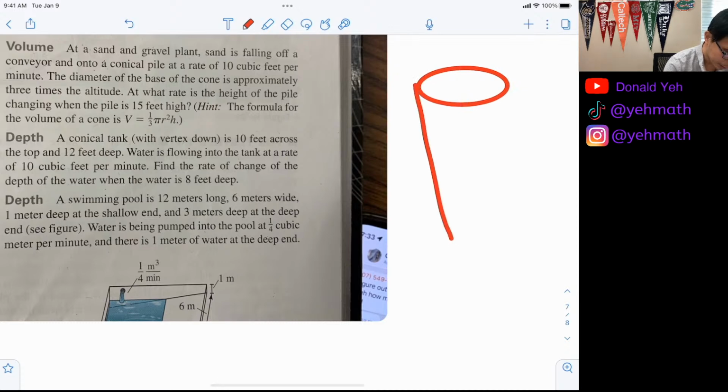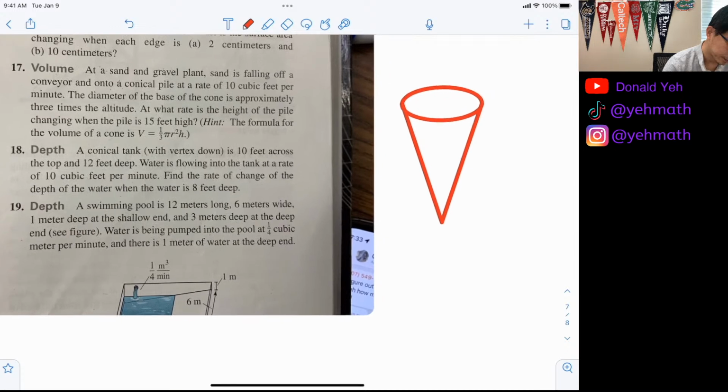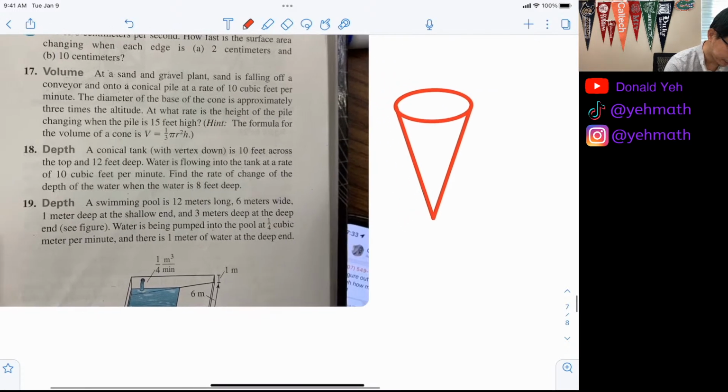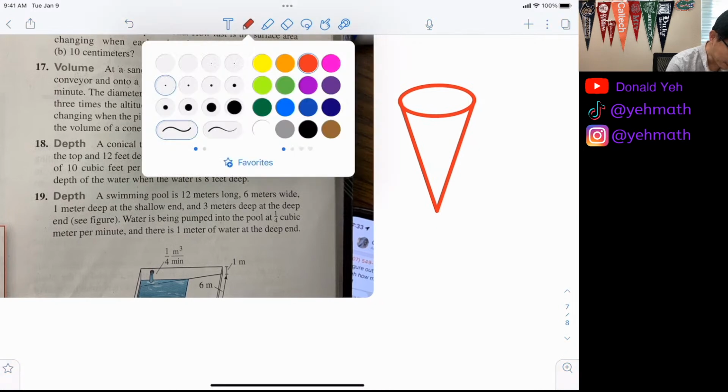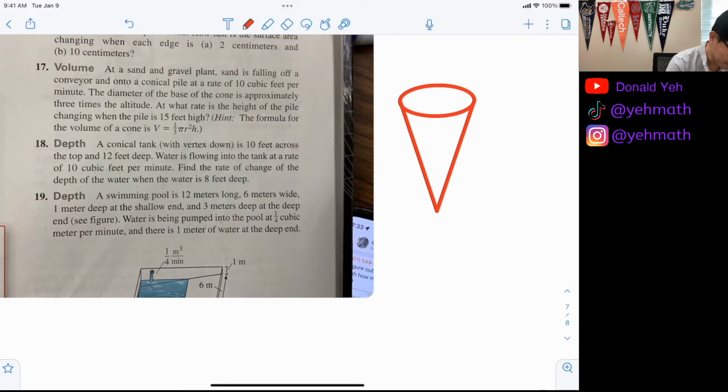I'm going to have a cone like this. Okay, that was a really pretty cone. So I will have this diameter of 10 feet across. From here to here is 10 feet, and from here to here is 12 feet.